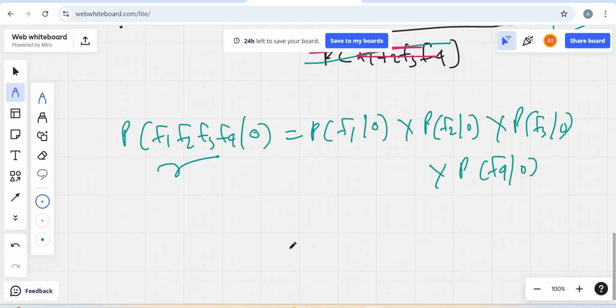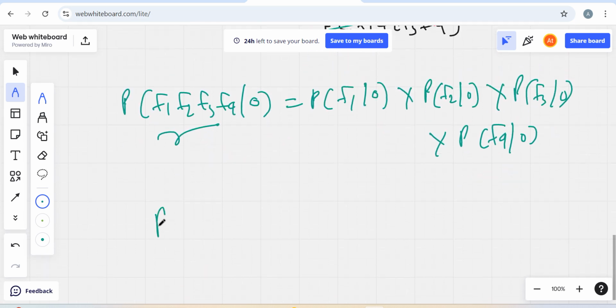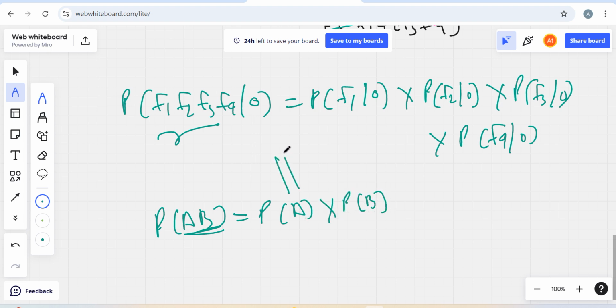If you need to calculate the joint probability of A and B, and both are independent, you can write probability of A multiply probability of B. So I'm using this only here.